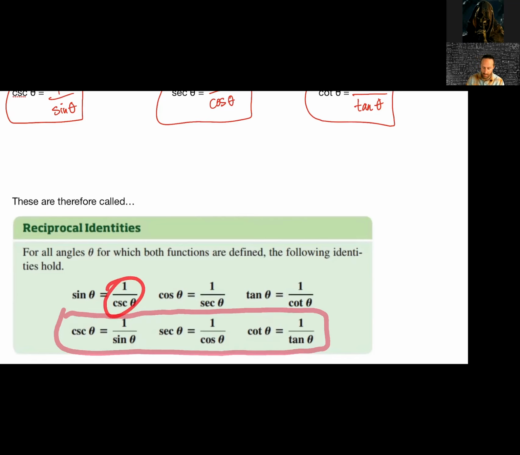You will not most of the time have it as this. Doesn't mean you can't, but you just need to know that this would be equivalent to that. All right, identical. That's the symbol we use for it. We just call them identities. All right, pretty simple.